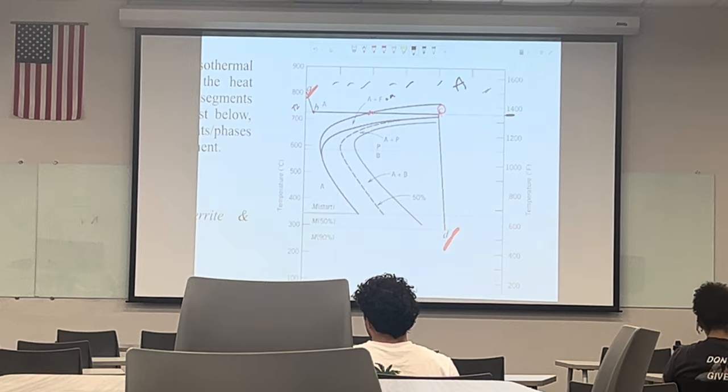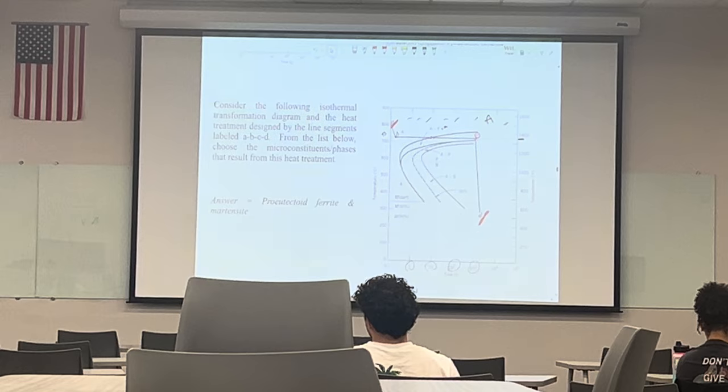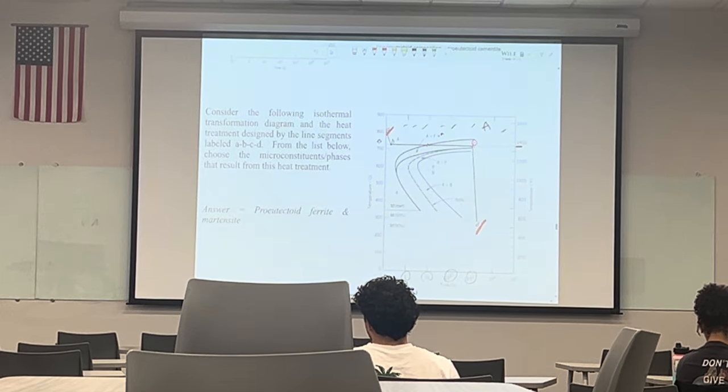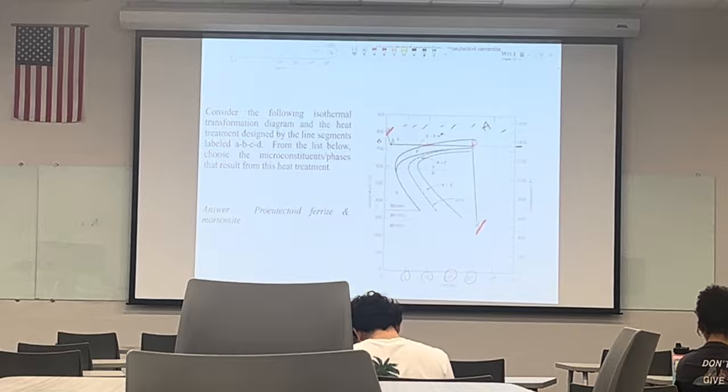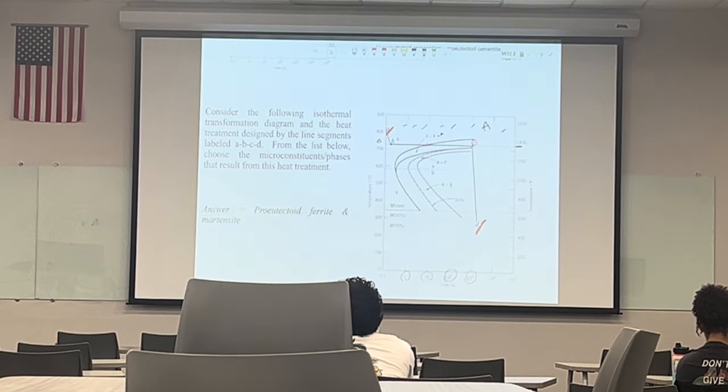What happens is, when we hold our system at that temperature, after a while, some of the austenite turns into pro-eutectoid ferrite. Pro-eutectoid means we are not past the eutectoid temperature, but below that.